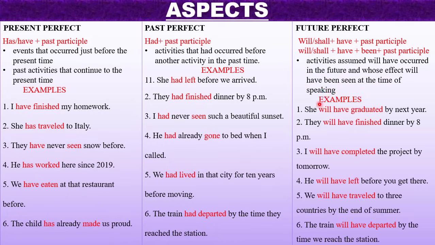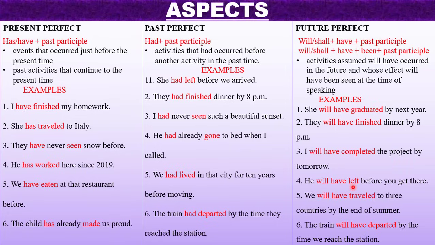For example, she will have graduated by next year. Future perfect. They will have finished dinner by 8 p.m. Future perfect. I will have completed the project by tomorrow. Future perfect.